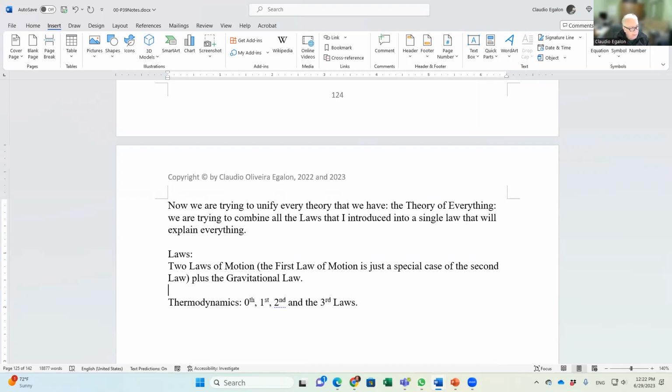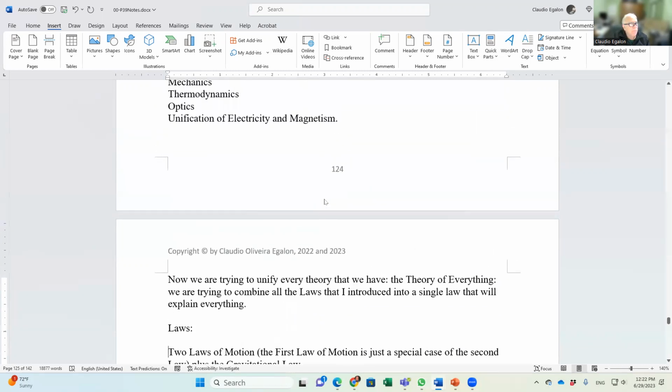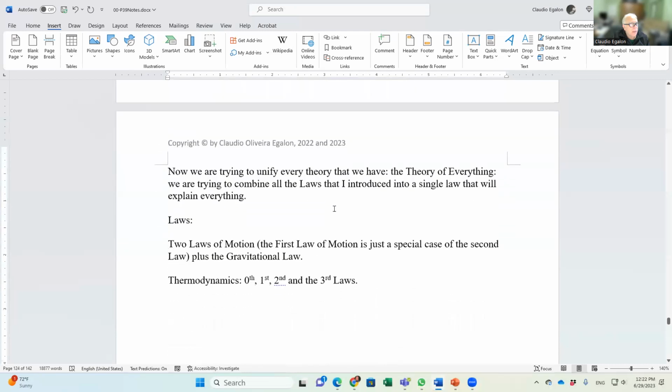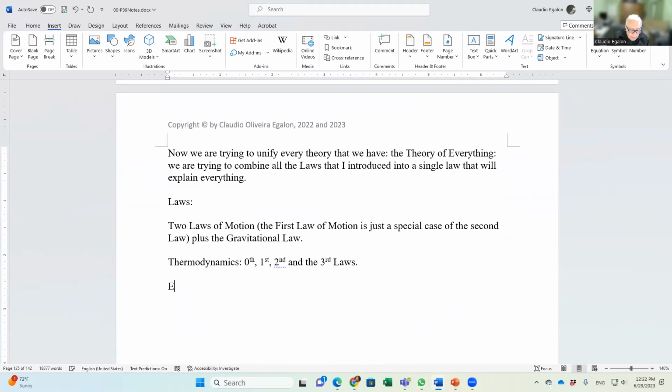That's what we have in electricity and magnetism, the Maxwell's equations. And in optics, we have the principle of least time.